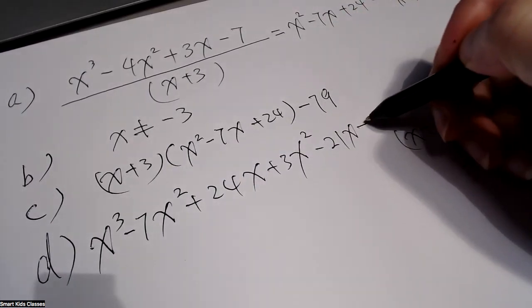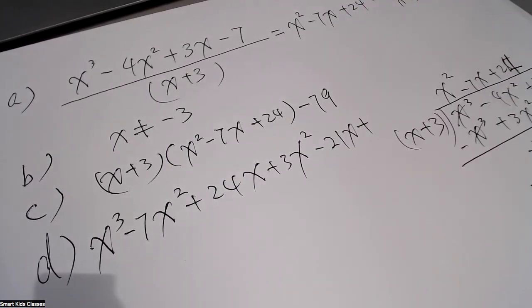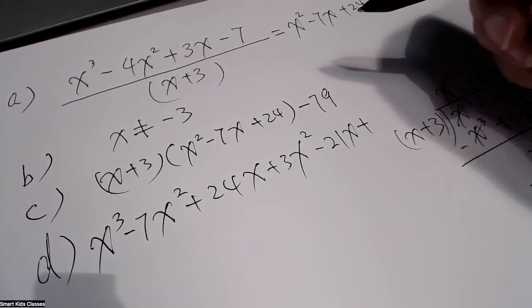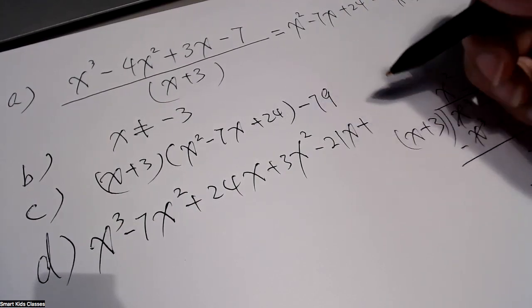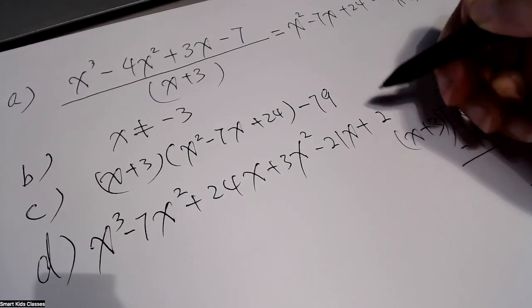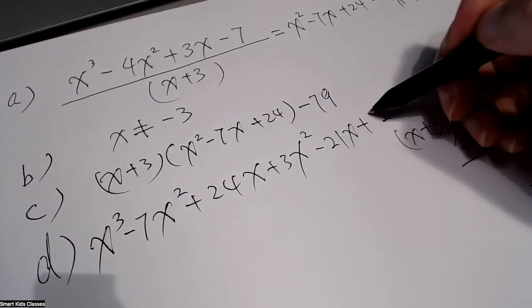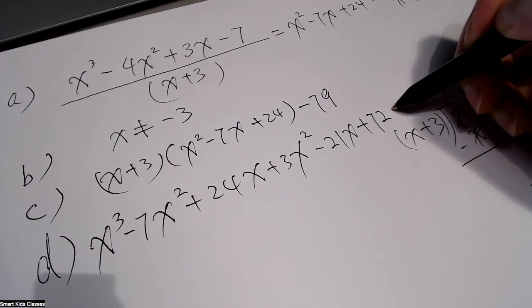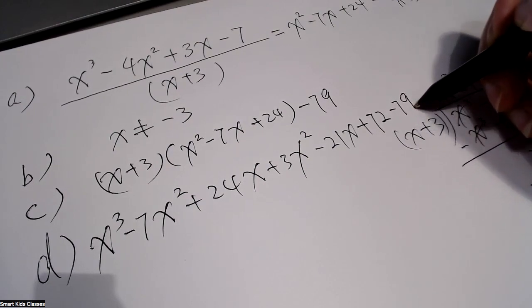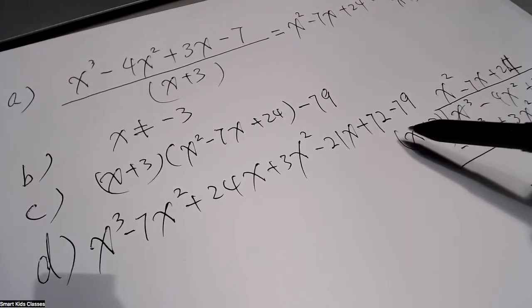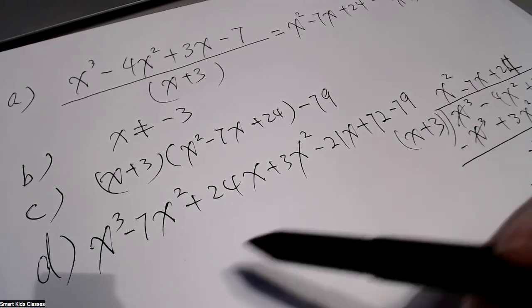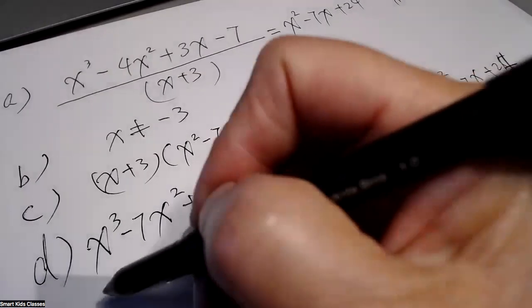3 times 24. What are we going to get? You can do mental calculation. 3 times 4 is 12, and 3 times 2 is 6, so 72. Minus 79, the remainder. I barely have enough room here. Now we simplify.